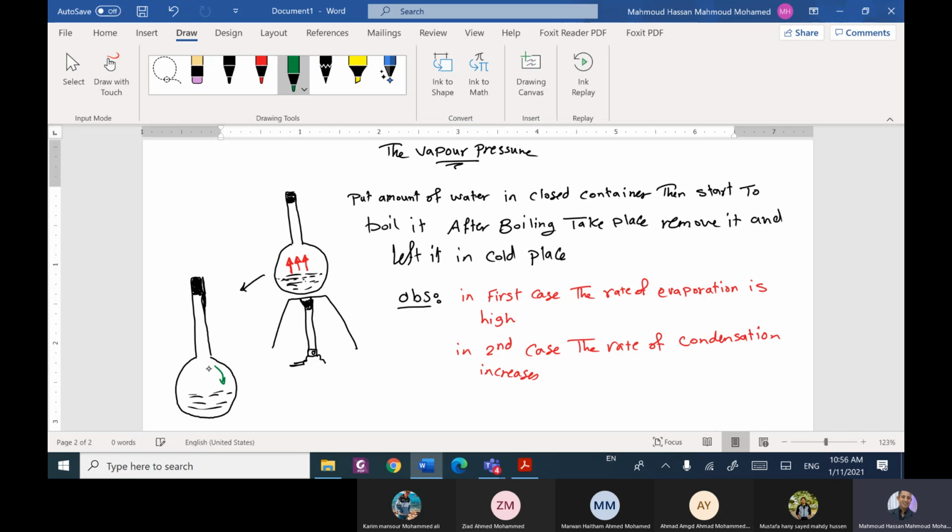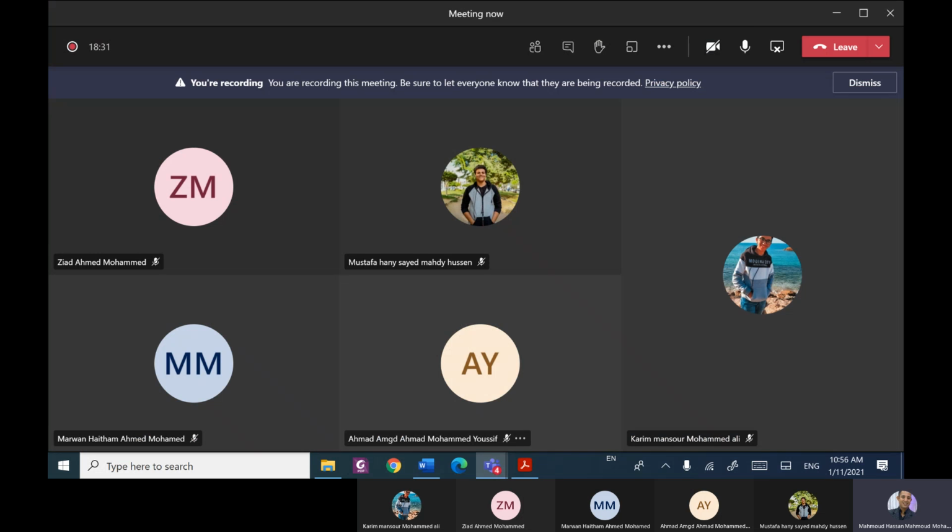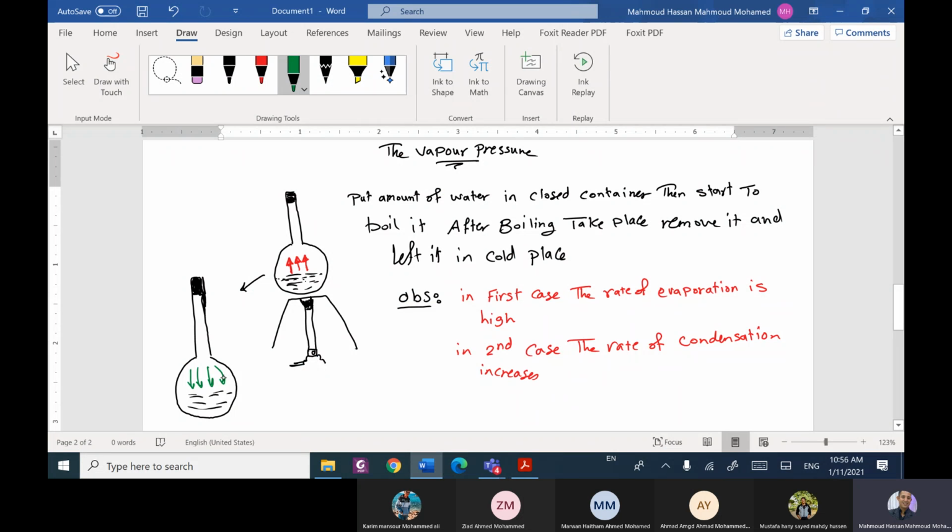You will find the condensation process taking place. But this is for evaporation. This is the first case, and this is the second case.